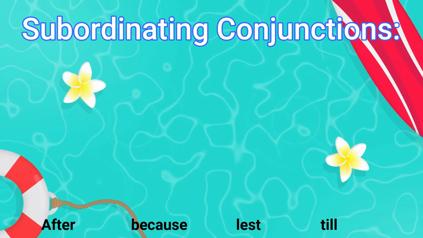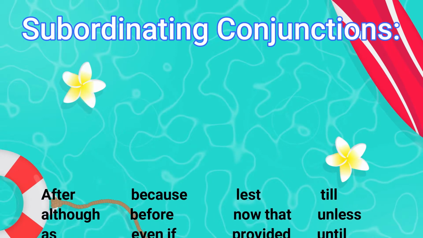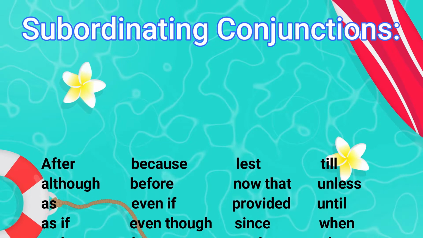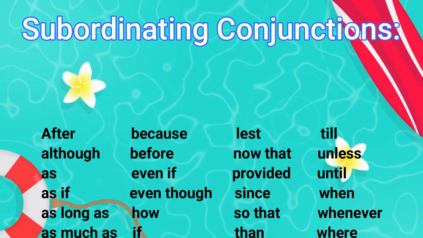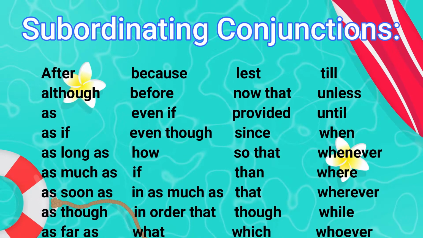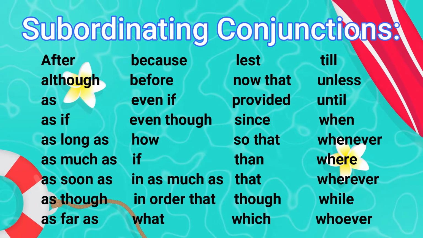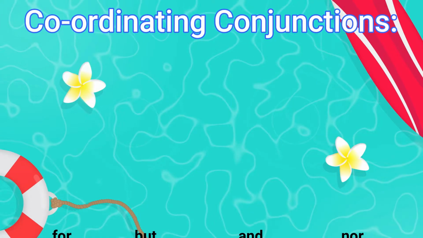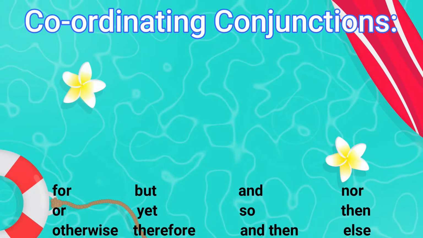On your screen is the list of subordinating conjunctions. These conjunctions will help you identify the sentences that are complex. And here is a list of coordinating conjunctions.